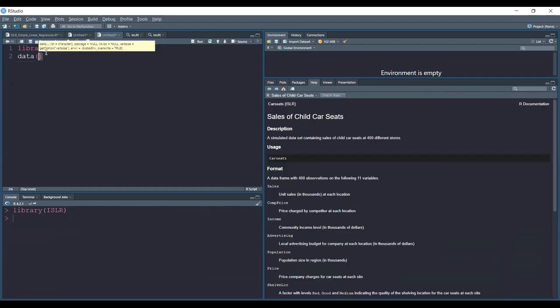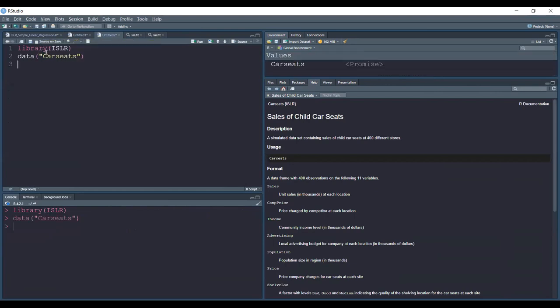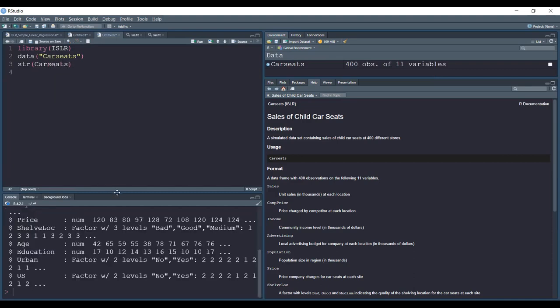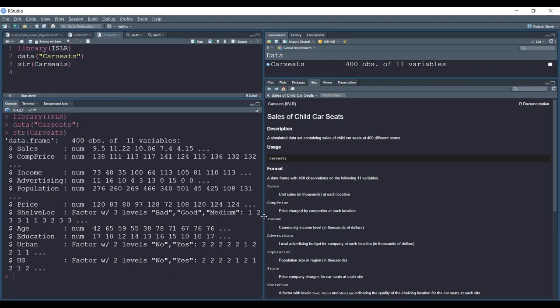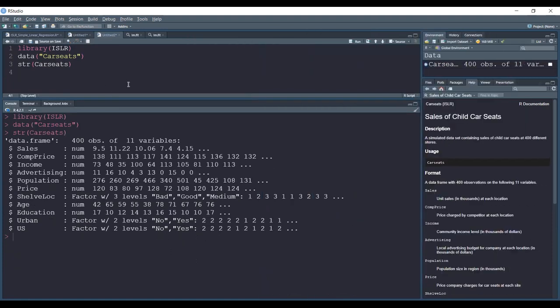So data car seats, the usual structure to get an idea. And here we go. That's that. We're going to do lm.